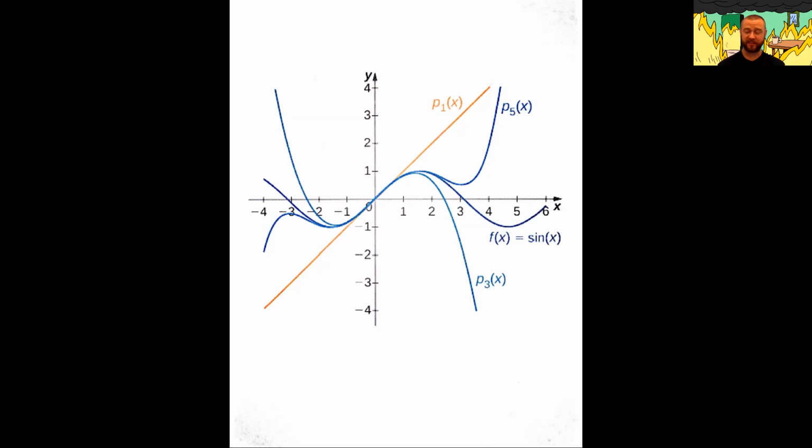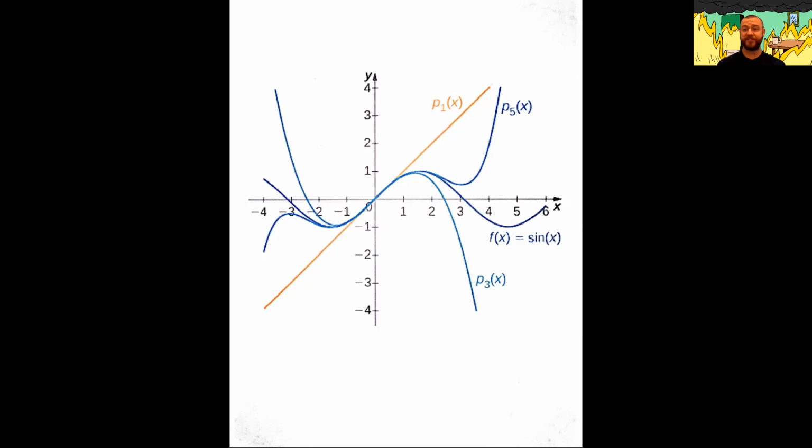The medium shade of blue is the third Taylor polynomial of sine of x, approximating sine of x by a degree 3 or cubic polynomial. And you can see the approximation from orange, a straight line, looks a little bit better now as that degree 3 cubic function. The final one that we're going to look at in this sketch is the fifth Taylor polynomial, which is a degree 5 polynomial.